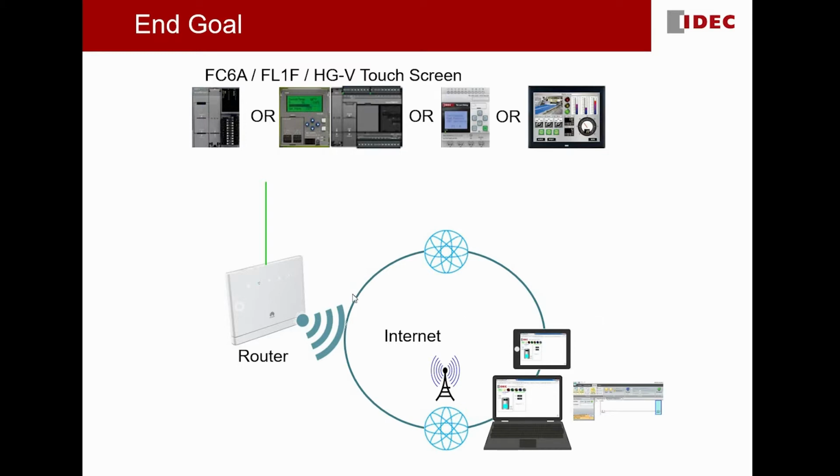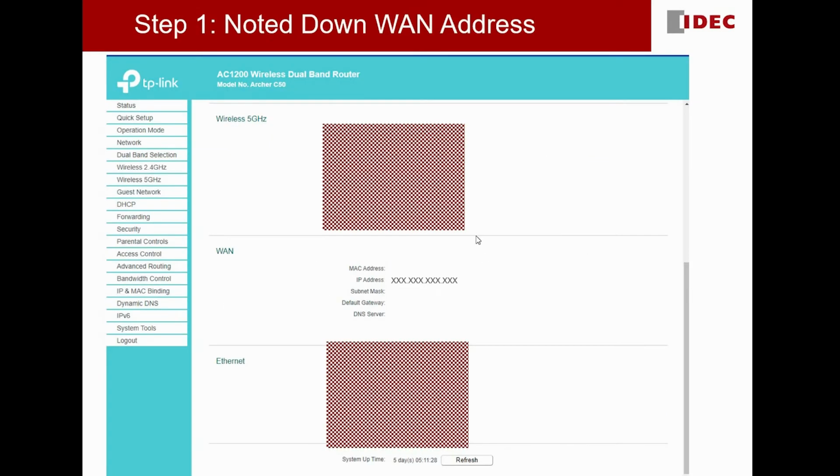Since we are going to use the virtual server feature available in this internet router, I'm going to talk a little bit about the important settings and also the important IP address we need to take note of when using this feature. First of all is the WAN address assigned to this internet router.